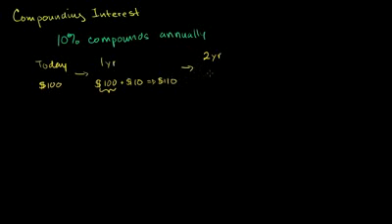So you're going to get 110, which you can imagine is your deposit entering your second year, plus 10% on that, not 10% on your initial deposit. That's why we say it compounds. You get interest on the interest from previous years. So 110 plus now $11. So every year, the amount of interest we're getting, if we don't withdraw anything, goes up. So now we have $121. And I could just keep doing that.